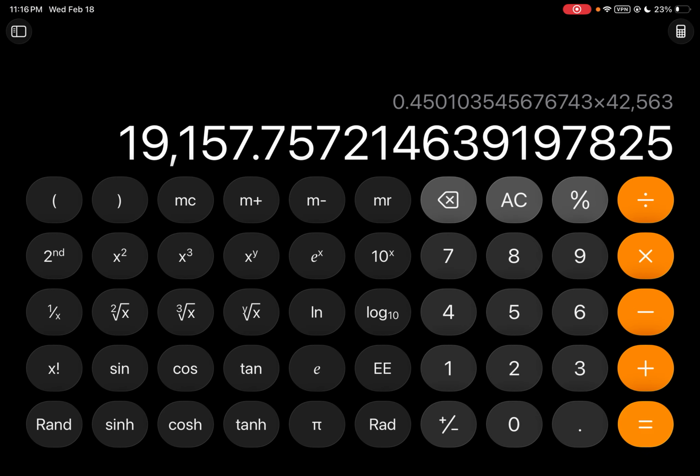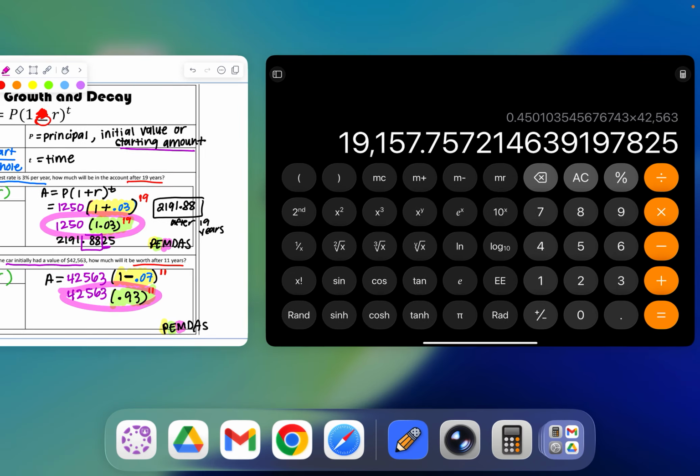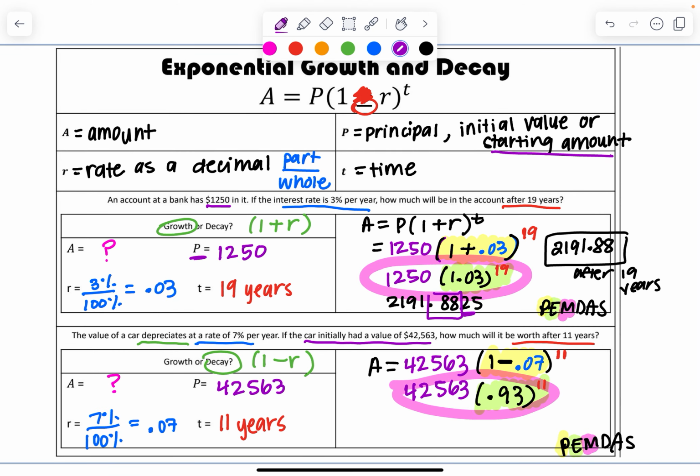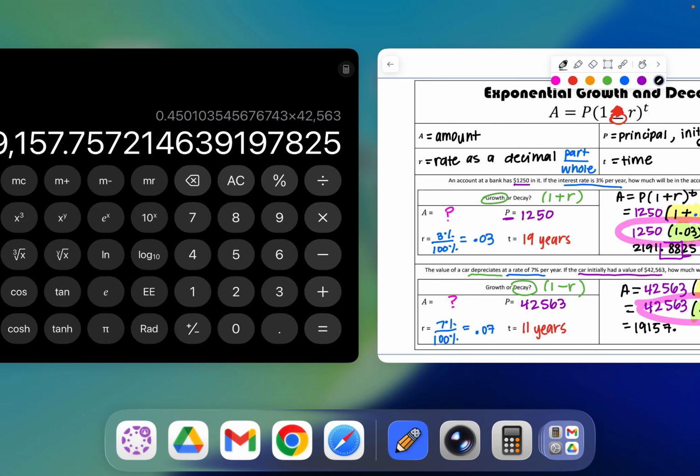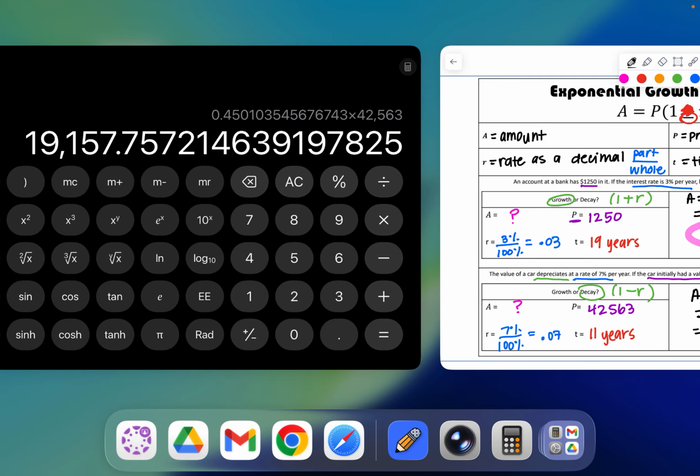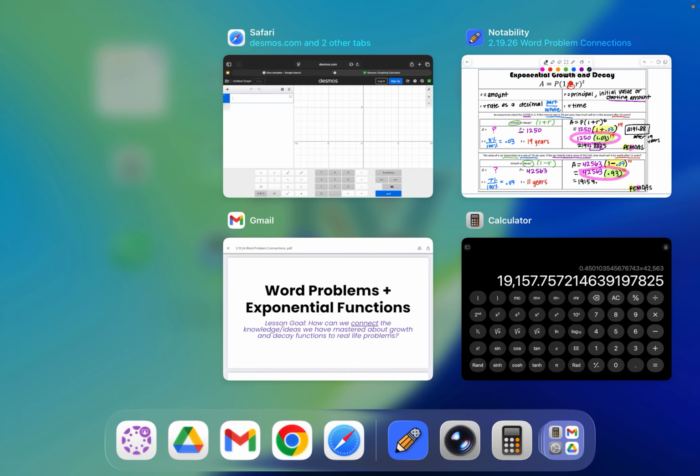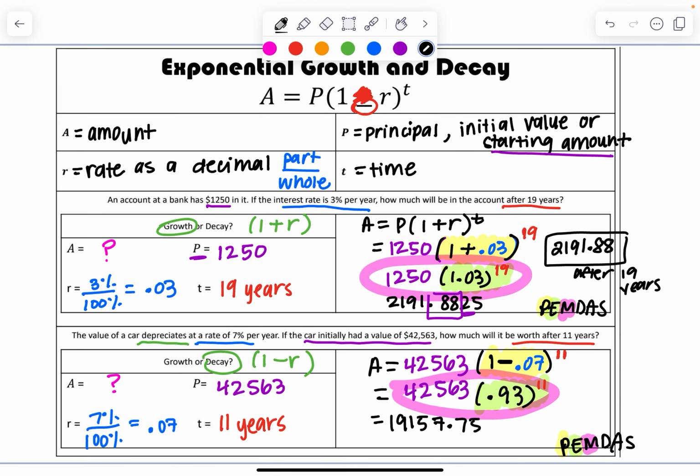We get 19,157.7572. Since this is money, we're also just going to round to 2 decimal places.